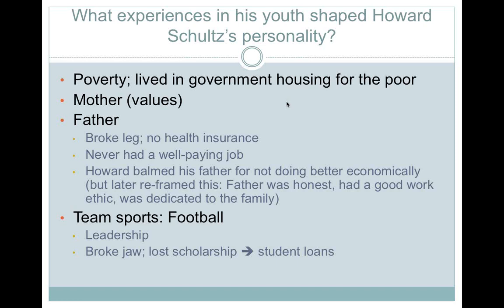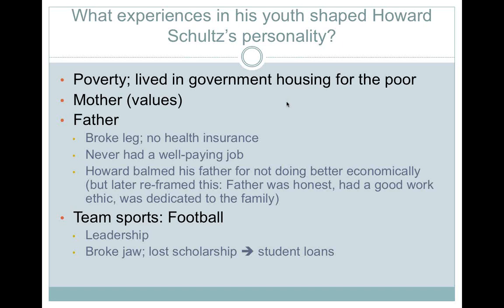So here are some highlights from the early part of Howard Schultz's life. And I think we can see that there are a lot of big challenges here. Growing up in poverty, relying on his father to make a living, but his father could never get a great job because his father did not have a college education.